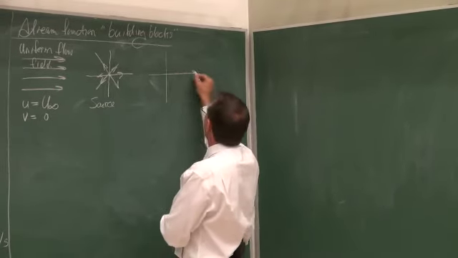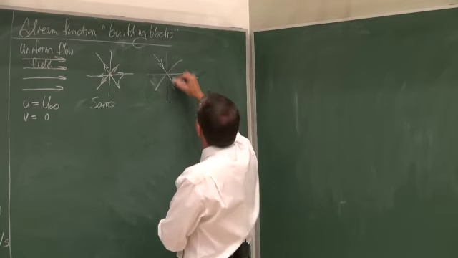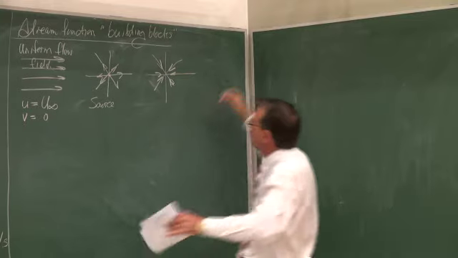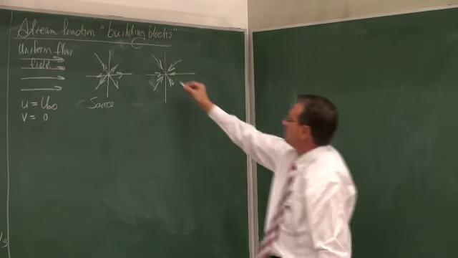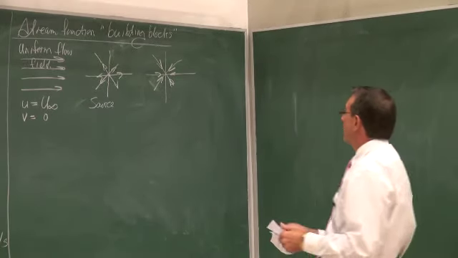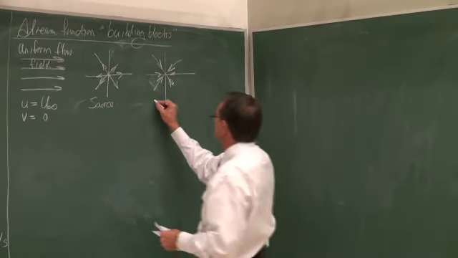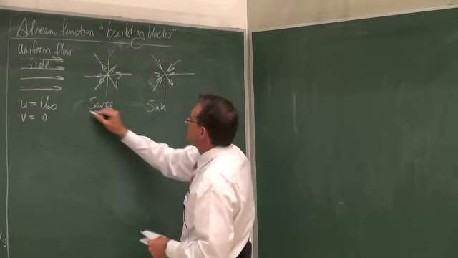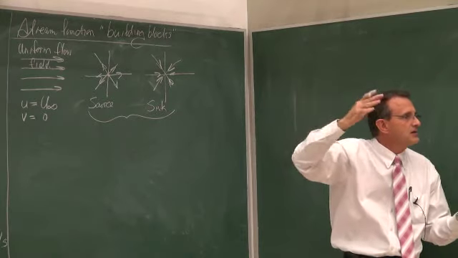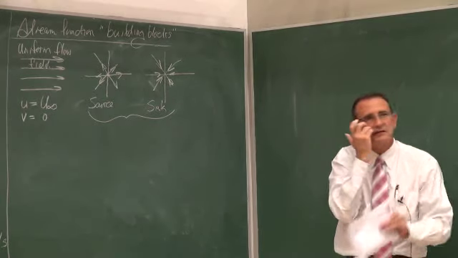So the sink is the opposite. Everything flows into the hole, into that point. From everywhere outside, it flows into that point there. Now the source and the sink are related. It's actually one type. It is just the signs, the pluses and the minuses that differ.